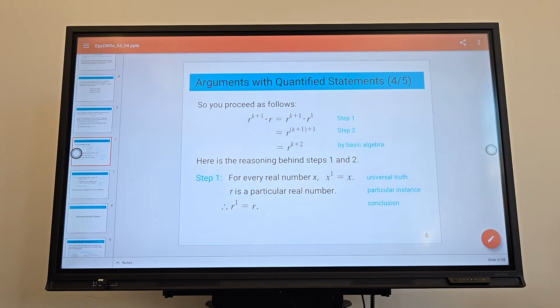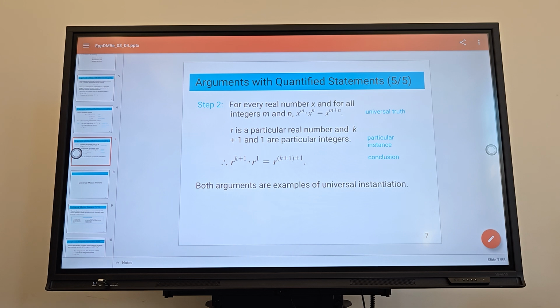Simplify that to r to the k plus 2. So, the reasoning behind the steps. For every real number x, x to the power of 1 is x. r is a particular real number, therefore r to the power of 1 is equal to r.